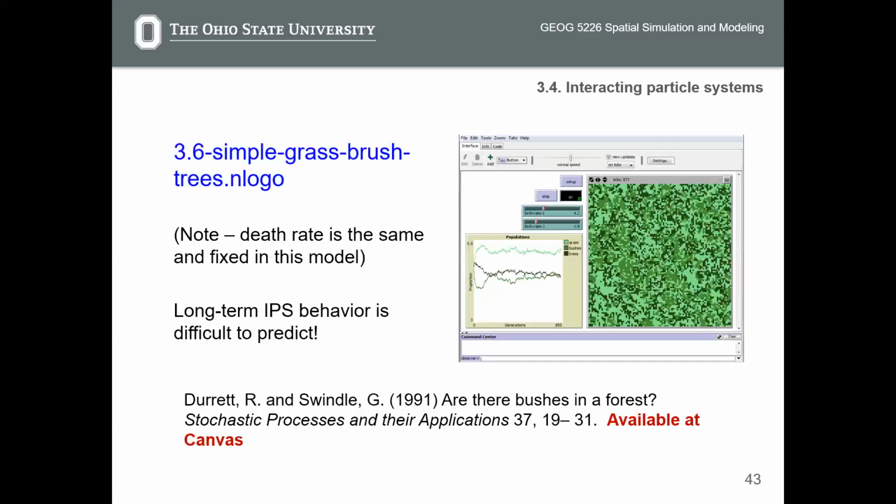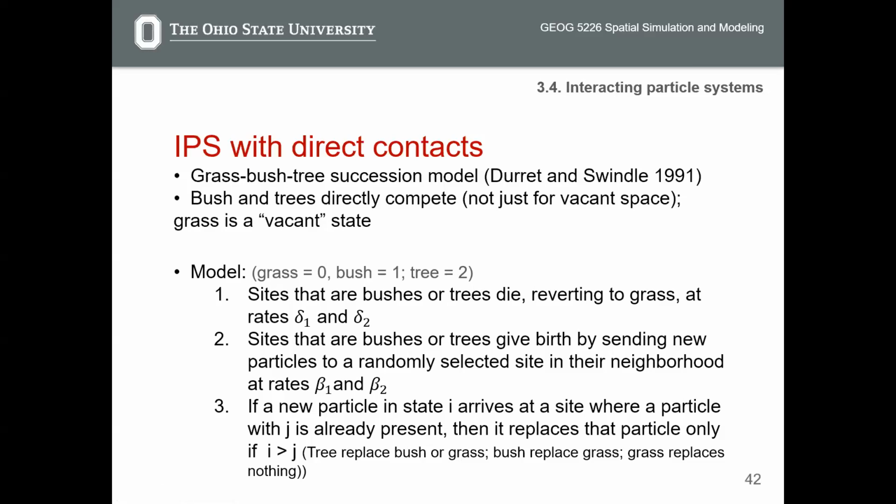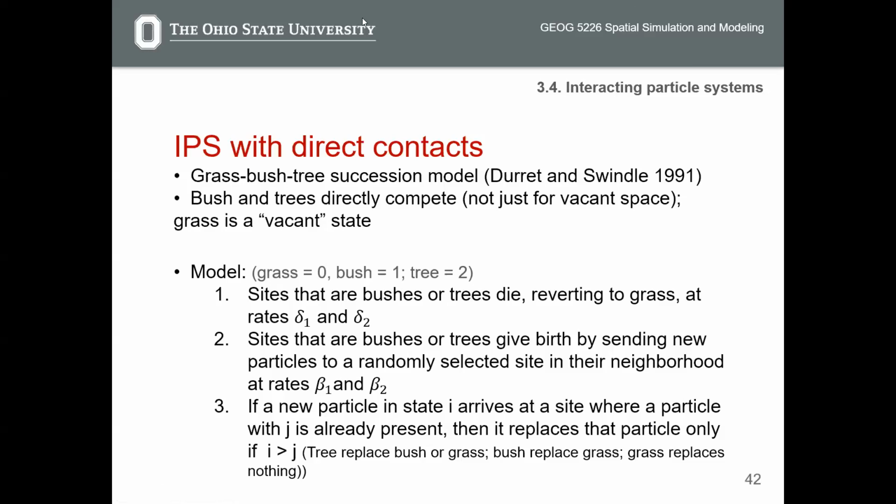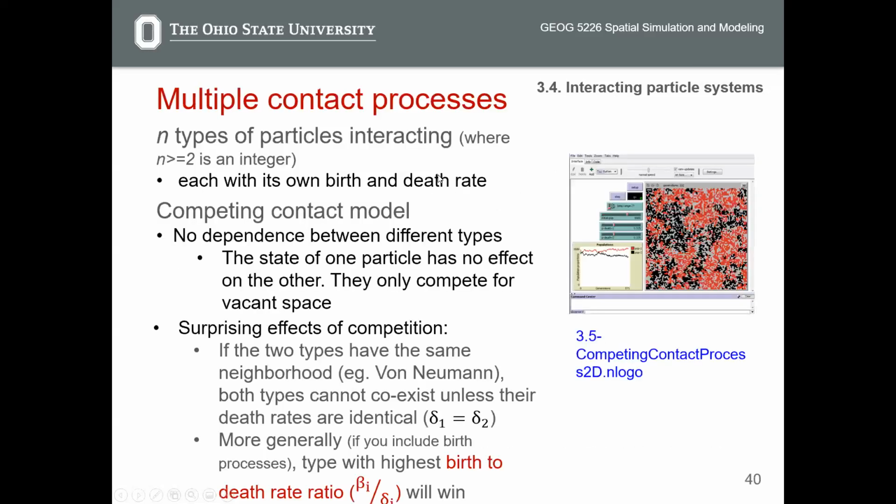So here is another model. You can play with it in NetLogo. And here you should know the difference between IPS with direct contacts and IPS with multiple contact processes.